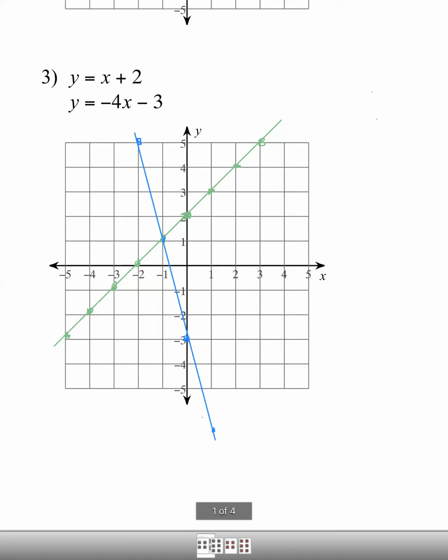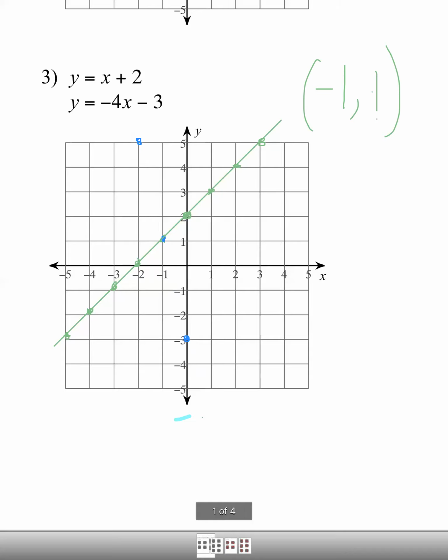Because these two lines did happen to intersect on the left-hand side. So if I didn't have those dots there, I'd have to go back and do it. Okay, so I have a nice ordered pair for these two. Looks like that one's going to be at the point negative 1, 1. So feel free to pop those in and check them if you want.